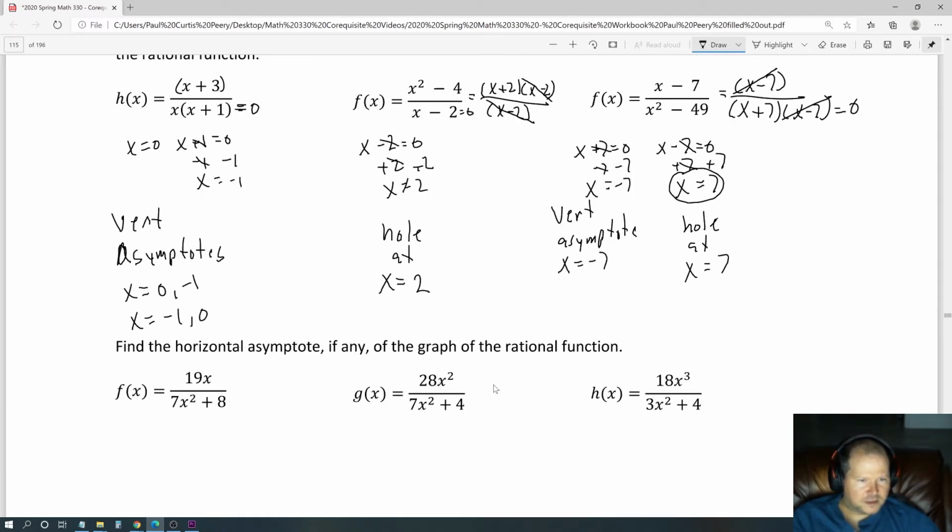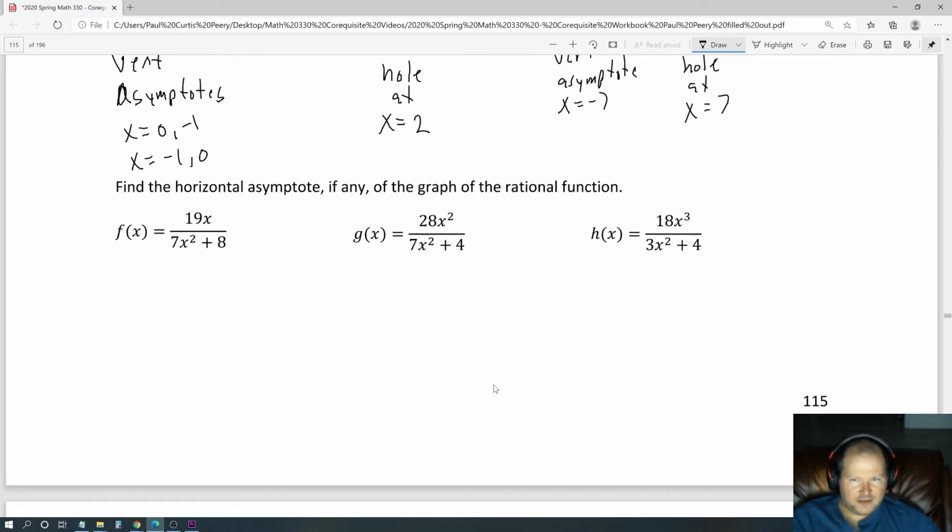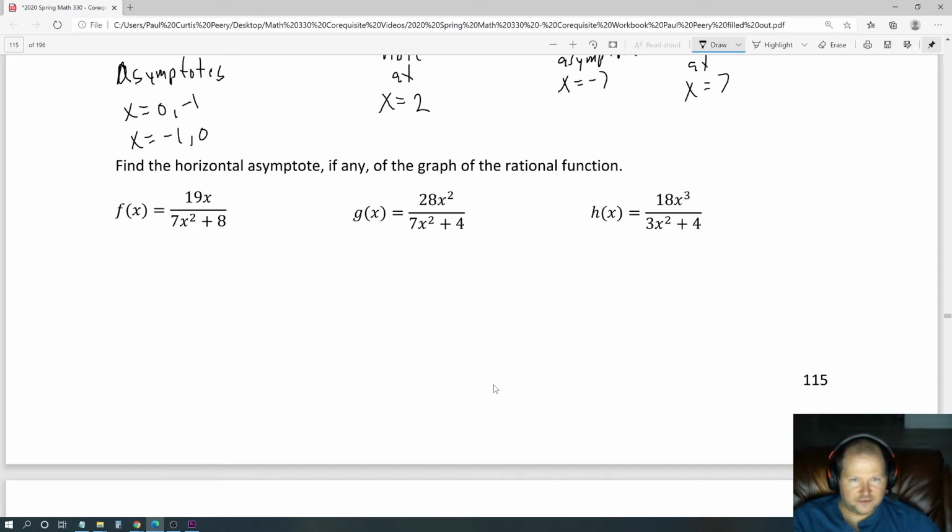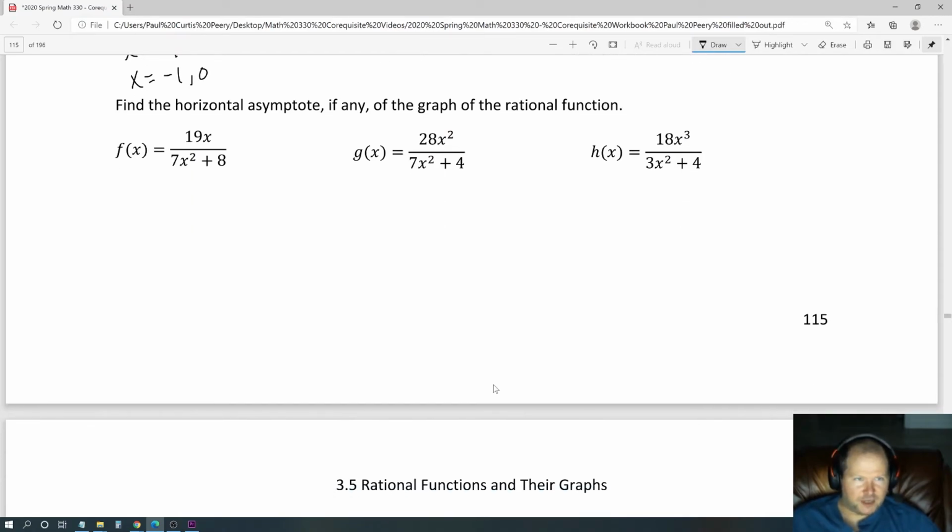Okay, so we're asked to find the horizontal asymptote, if any, of the graph of the rational function. There's only 3 possibilities: top bigger than the bottom, top and bottom are the same, or the bottom bigger than the top. That's it. In this case, the bottom has a 2, which is stronger than a 1.